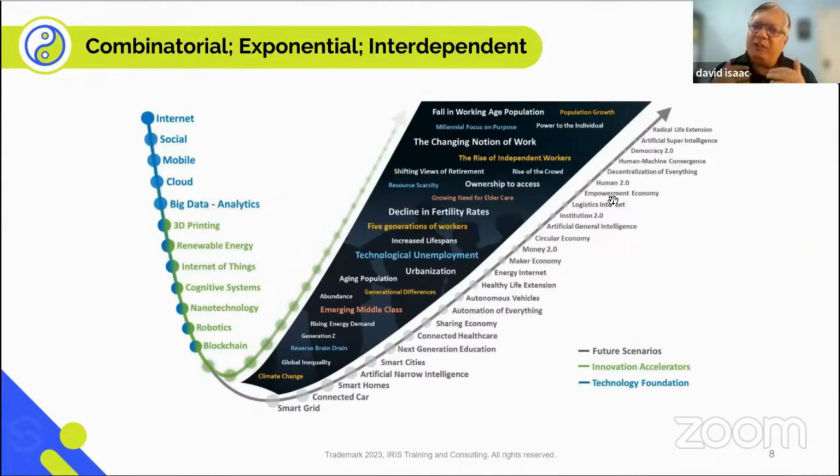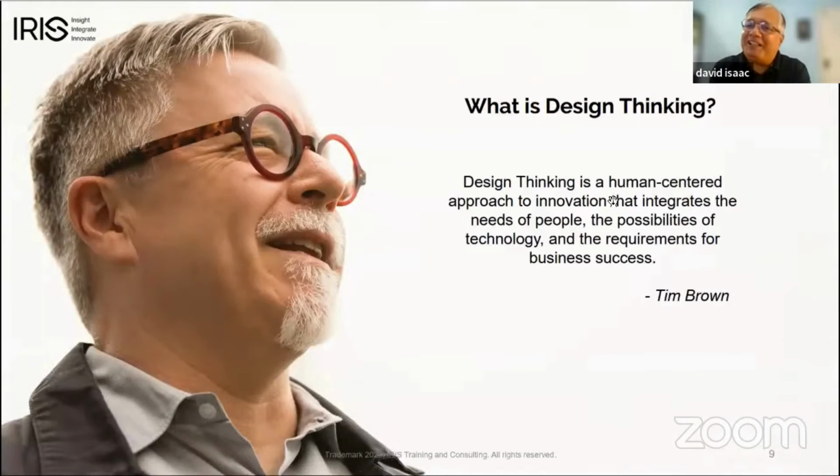And with these kinds of scenarios, which are such dramatic shifts, which we have never seen before, even humanity to a large extent hasn't seen this kind of dramatic shift, it's very important that we continue with our focus on the stakeholder. And therefore, we require something like design thinking.